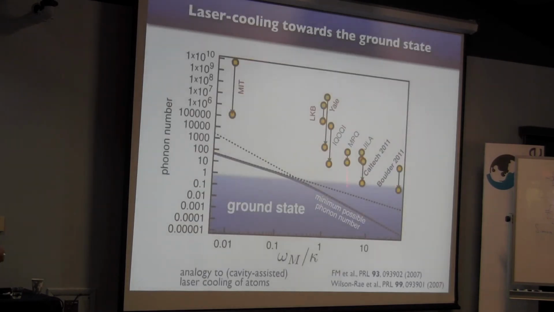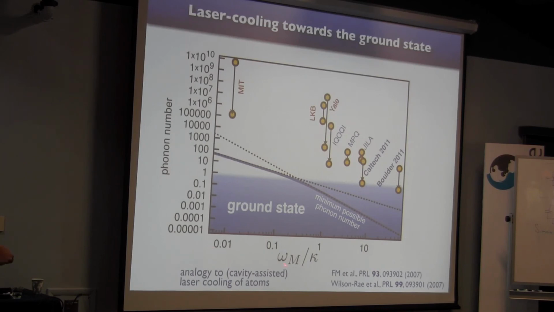Just to show how useful this physics really has been, here's a slide that I've taken from Florian Marquardt. It may already be out of date, from 6 months ago, but it showed some of the state-of-the-art experiments using this physics to cool a relatively large mechanical degree of freedom.